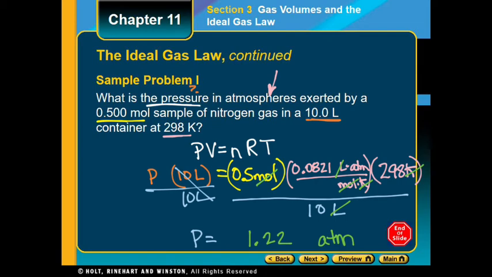So again, be aware. They could have easily had a problem that said solve for mass or given mass, and there would have needed to be a mass to mole conversion or mole to mass conversion depending on how it was set up. So in a nutshell, we have the combined gas law equation.